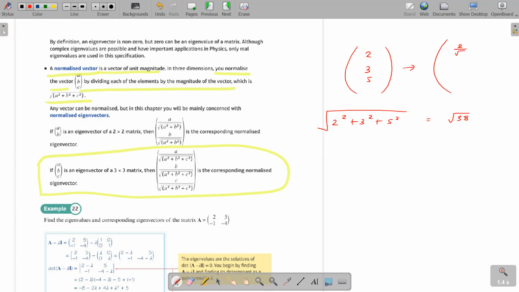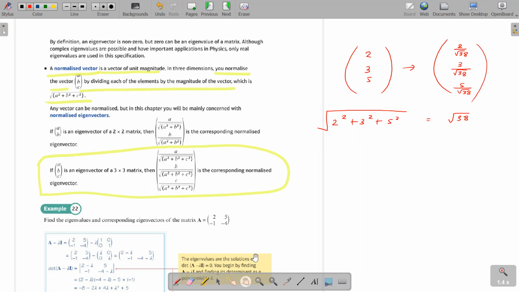It is 2 over root 38, 3 over root 38, and the next one, 5 over root 38. This is called normalizing a vector. When you normalize a vector, we create a vector that has magnitude of unit 1.